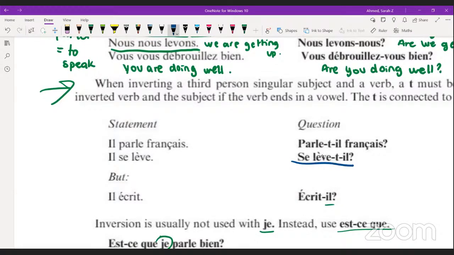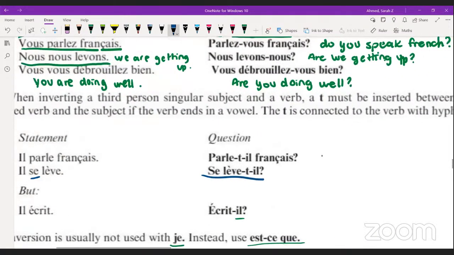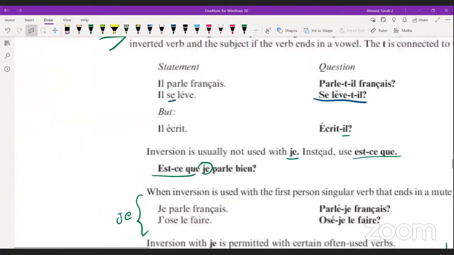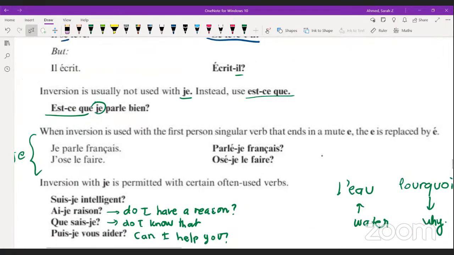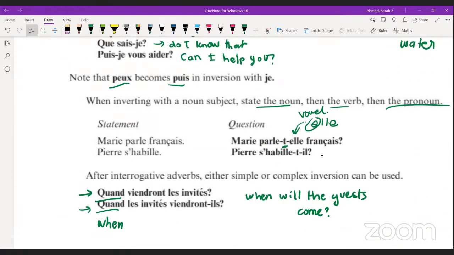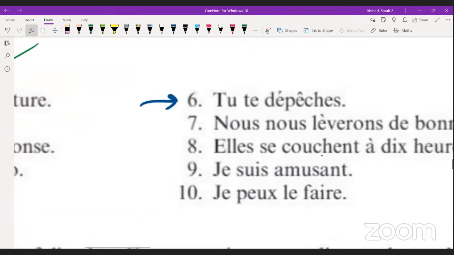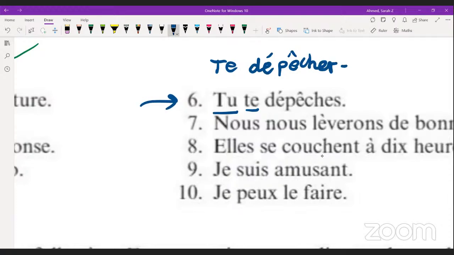I forget what it's called, it's like a pronoun kind of thing. But when we have tu and then te, we have to say te first, and then we write dépêches-tu. Dépêches-tu. Okay, this one's a little tricky, but that's okay.